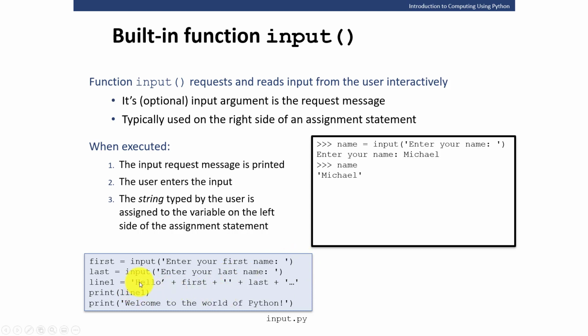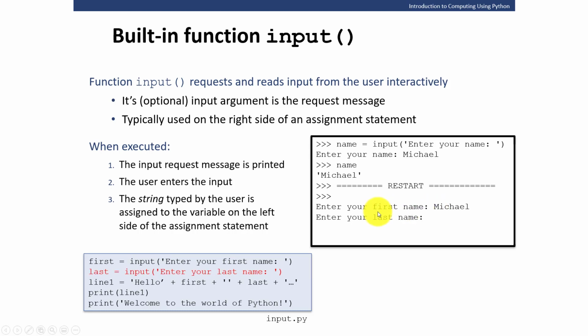Then after that I'm doing a concatenation: hello, whatever string he input there, and after I print that, I'm printing 3 points, and then welcome to the world of Python. Let's see exactly what will happen. The first line, I have to enter something. Suppose that I entered Michael, and the last name is Jordan. So hello, Michael Jordan, welcome to Python.